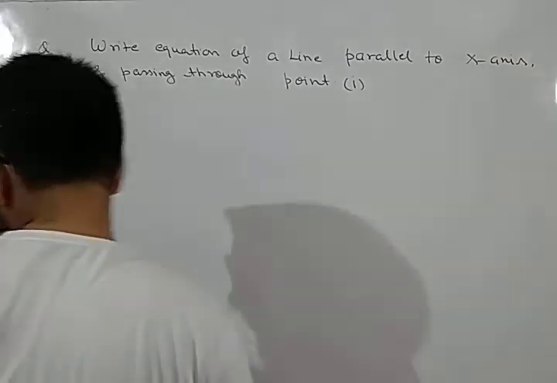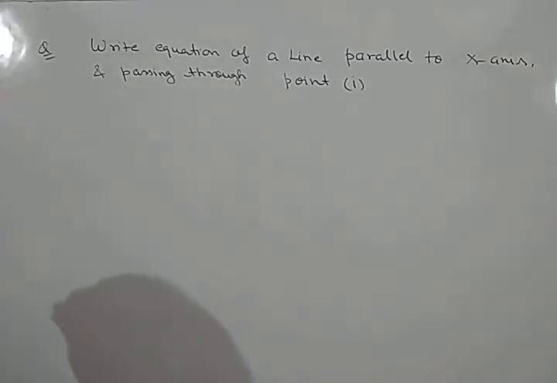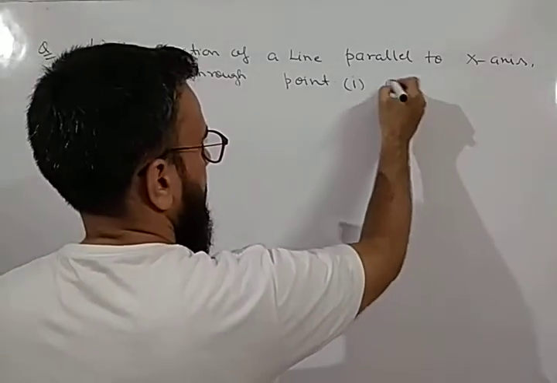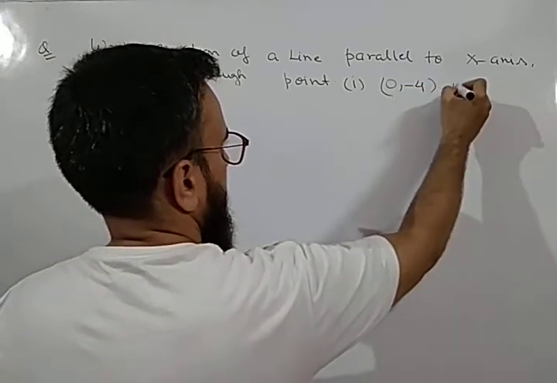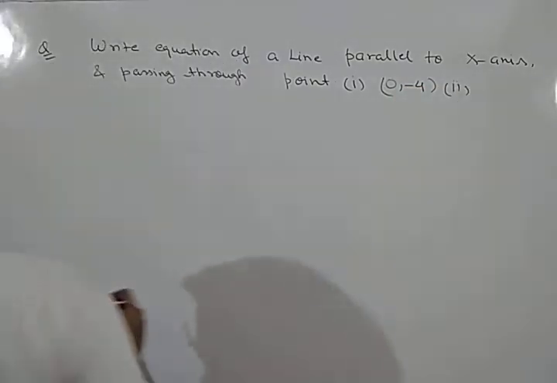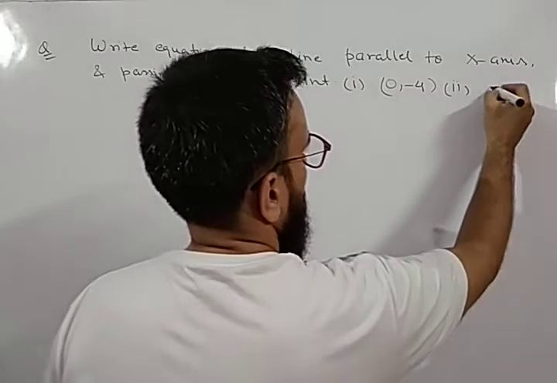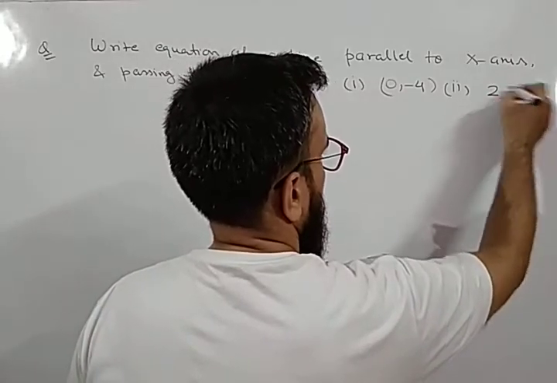The first part is passing through the point (0, -4), and the second part is passing through the point (2, -7).